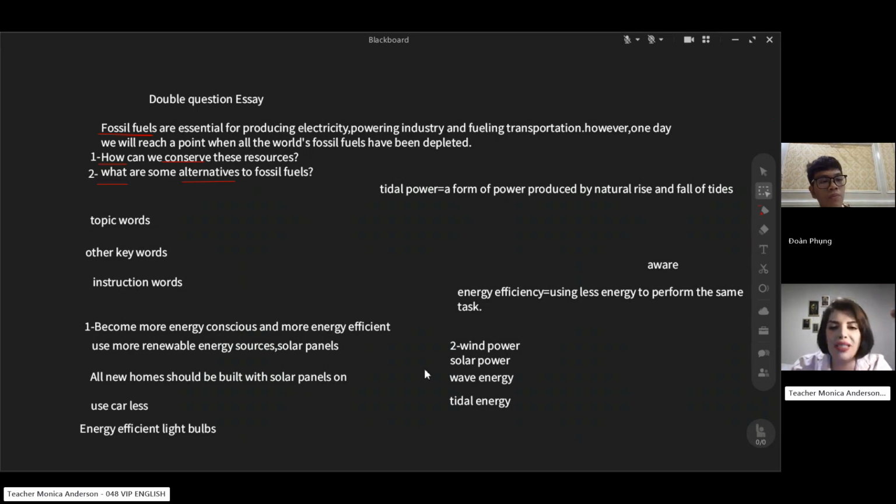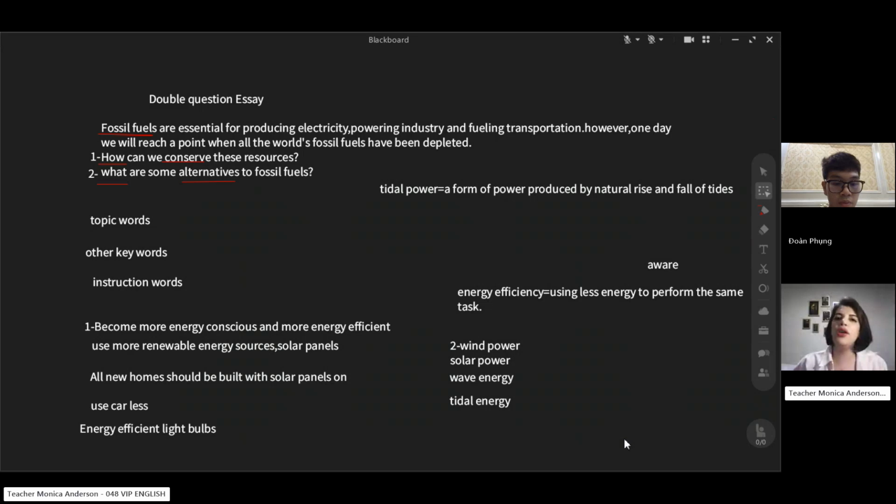Energy efficient means using, for example, something or someone that uses less energy to perform the same task, so that thing, or the person, doesn't waste energy.